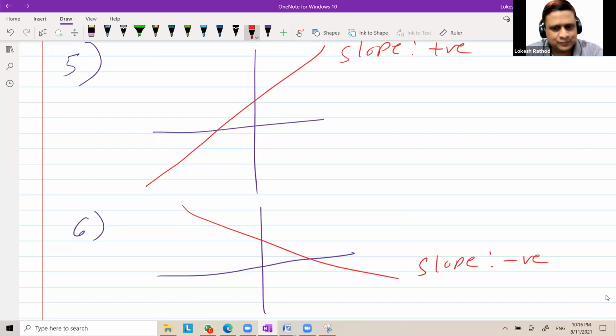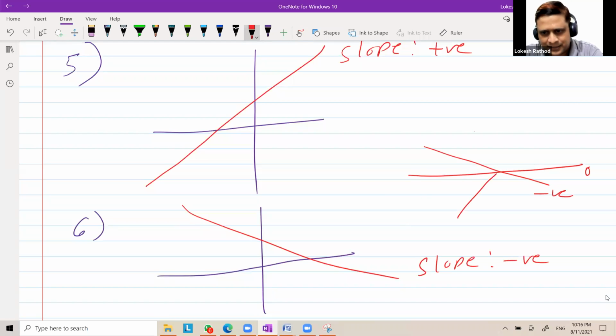So this line has negative slope, this line has 0 slope, and this line has positive slope. So negative slope is a decreasing line, positive slope is an increasing line, and 0 slope is a horizontal line. Are you getting this? Clear?